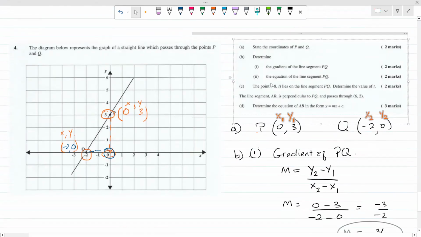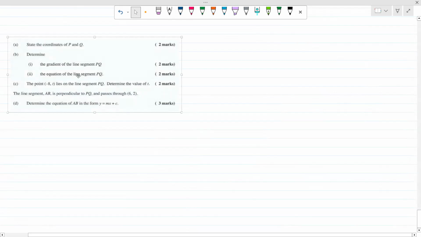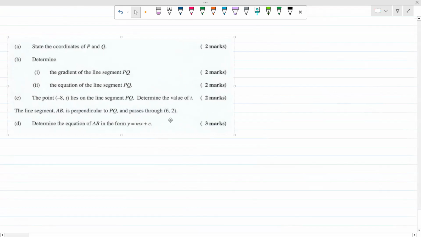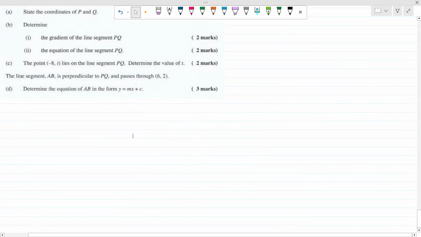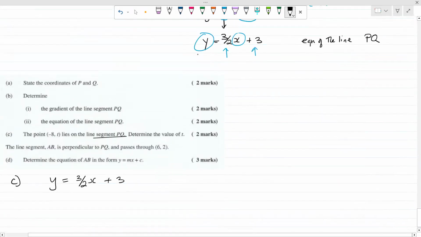Part C now. They say the point minus 8, t lies on this same line segment. The equation of the line that we got was y is equal to 3 over 2 x plus 3. Everybody agree with that?